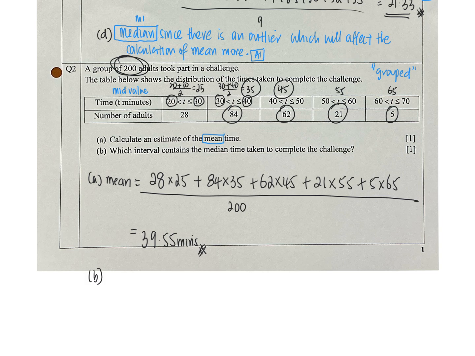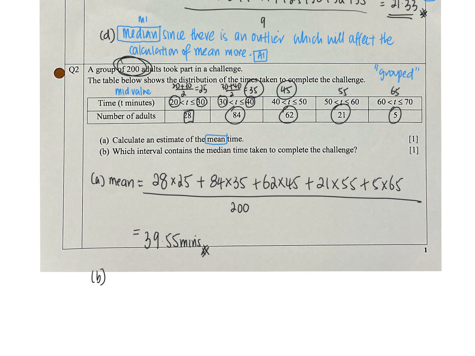Okay, next one, I want to find median. I don't know what is their actual minutes for each adult, but I know that there's 28 of them who falls in this range. Okay, so in order to find the median, I need to find the median position.